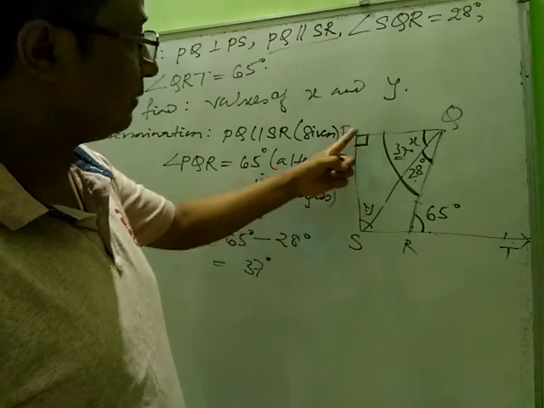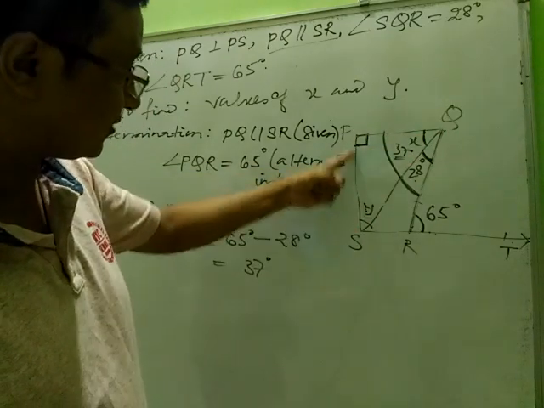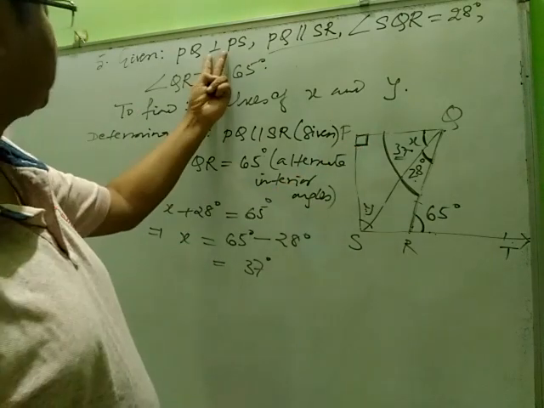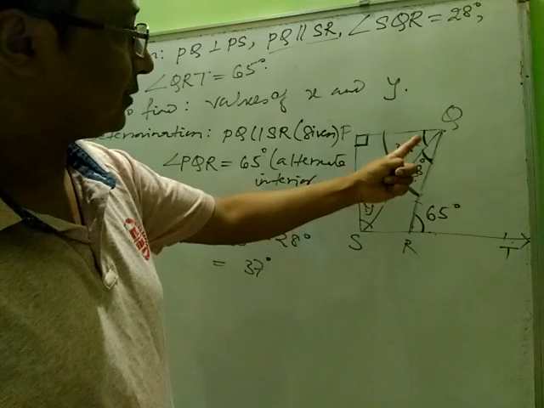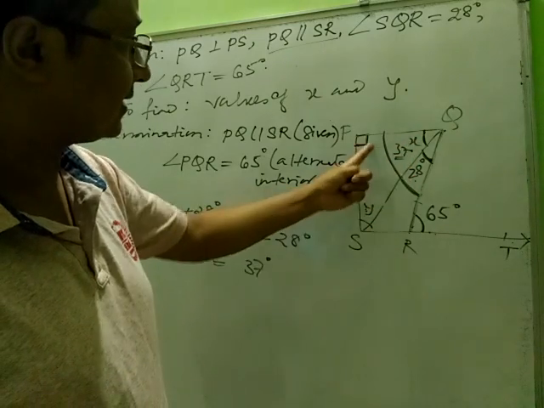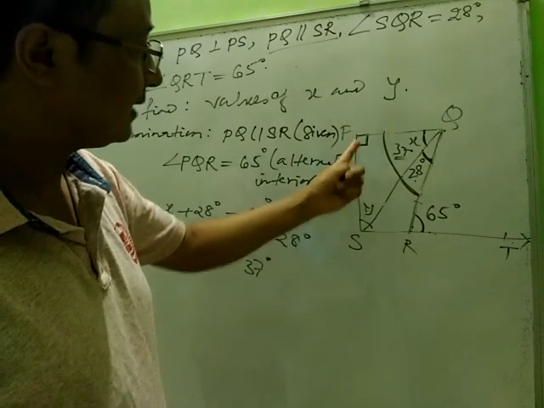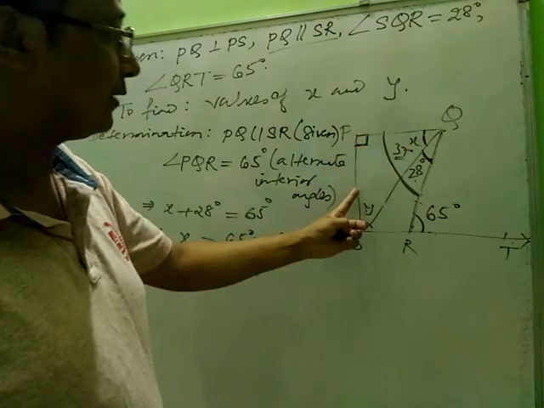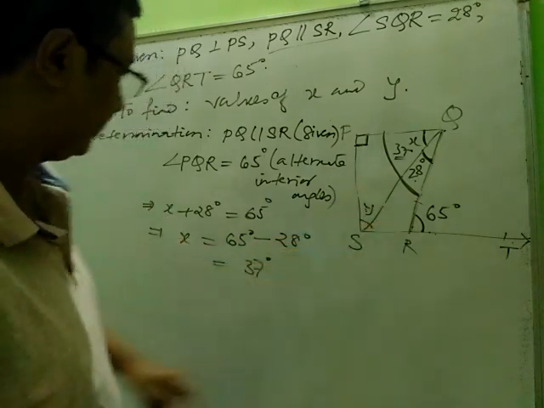So this is a triangle, PQS. Here it is given as 90 degrees, perpendicular. You have got x. So this angle plus this angle plus this angle gives 180, and then you will get y, because 90 is given and you got x as 37 degrees. So you can easily get the value of the third angle, that is angle y.